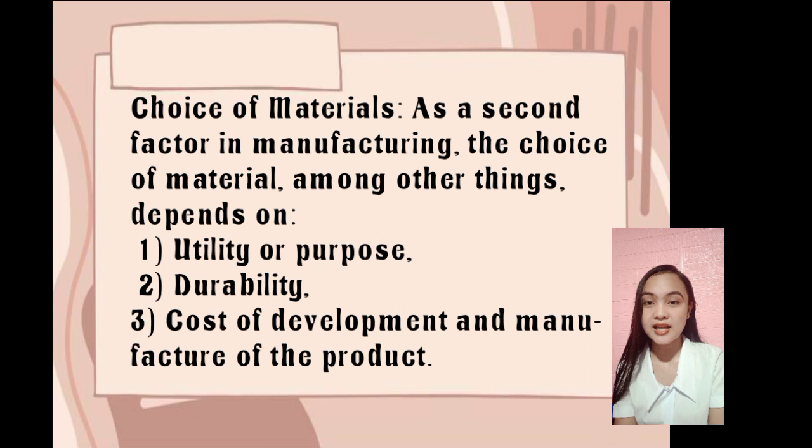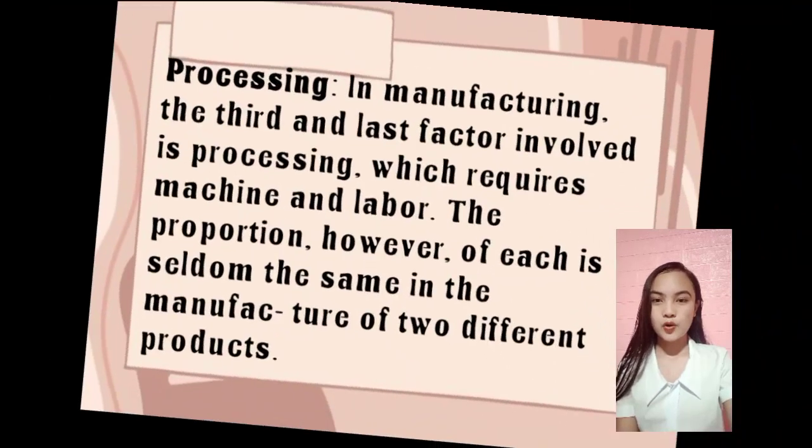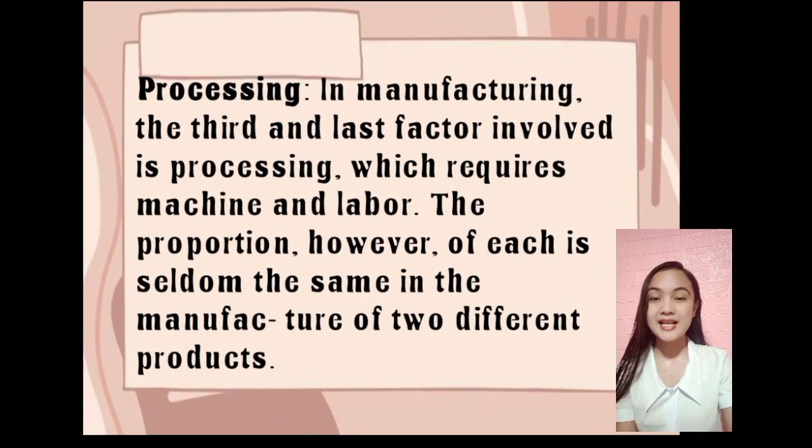It goes without saying that this requires not only a forecast of the market for the product, but also knowledge of the time, effort, and equipment required in its development. Also important is the estimated cost of manufacturing the product, which must be done economically, otherwise the product will be of little use. So moving on to the next slide, we have here processing.